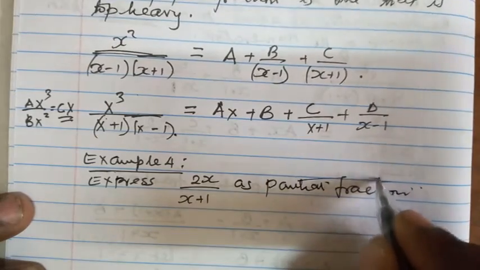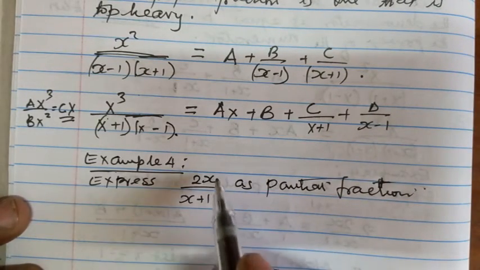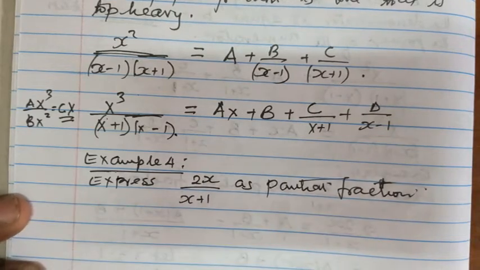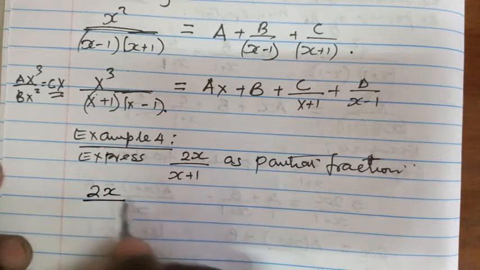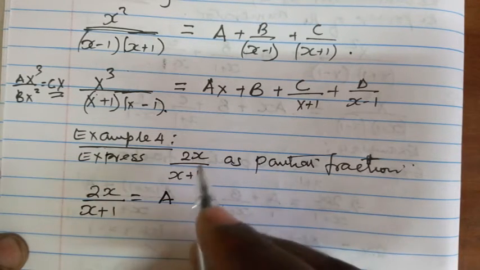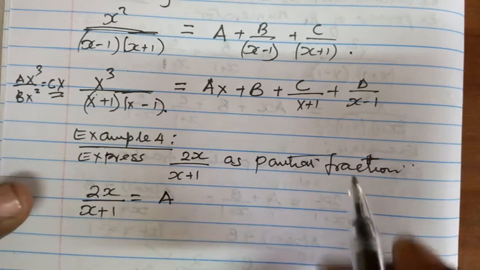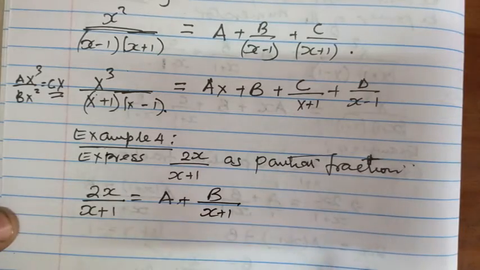This is an improper fraction because the power on top equals the power in the denominator, power 1 and power 1. So 2x over x plus 1 equals a, because x cancels with x, plus b over x plus 1.